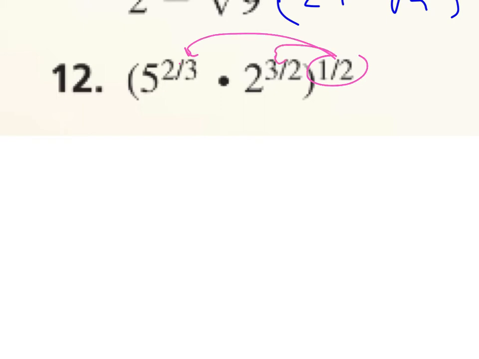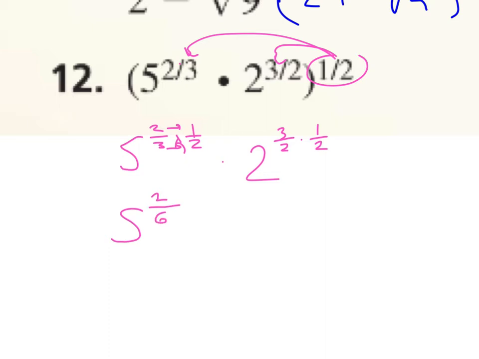So we multiply it to our exponent. So we have 5 to the 2/3 times 1/2, times 2 raised to the 3/2 power times 1/2. Remember, when multiplying exponents, you multiply the tops together and the bottoms together. So this is 5 raised to the 2 over 6 power. Can we simplify 2 over 6? One-third. So 5 to the 1/3 power.